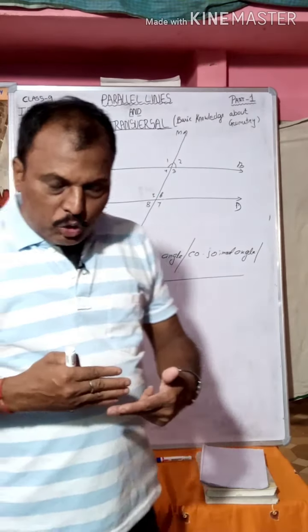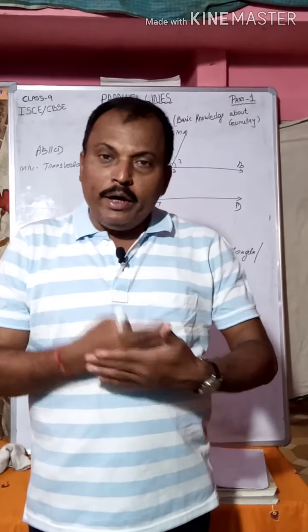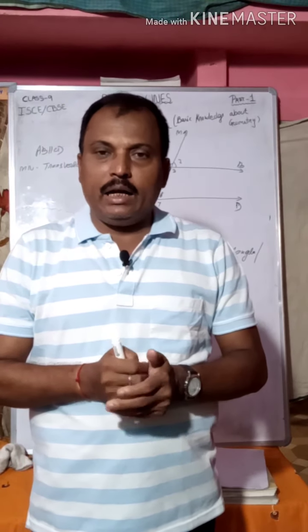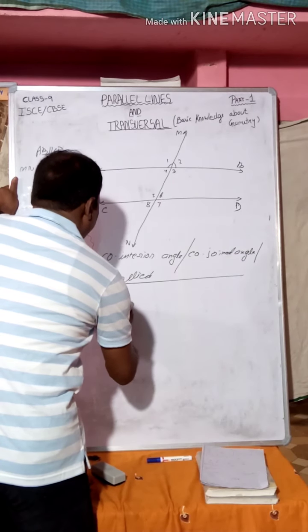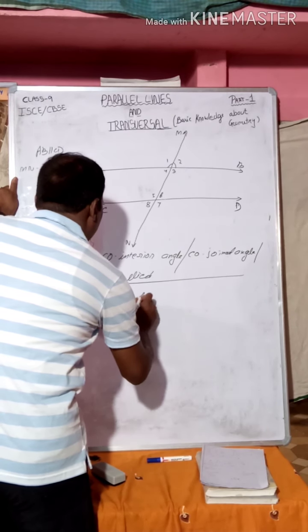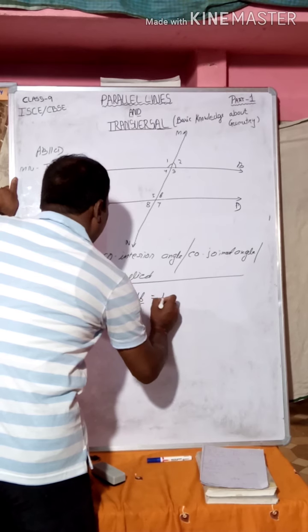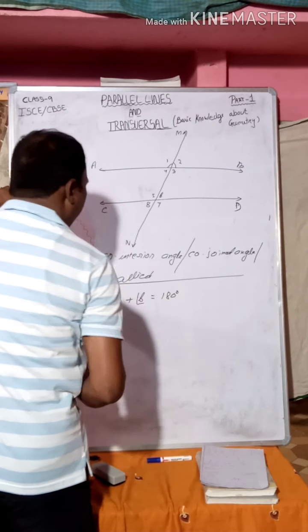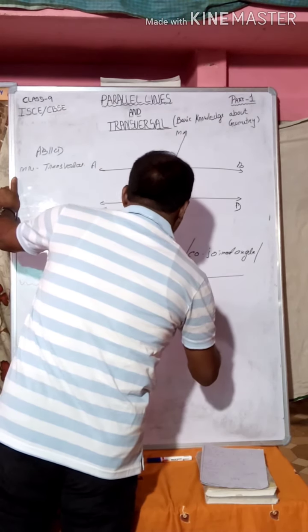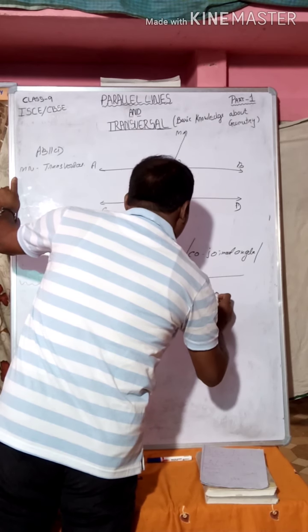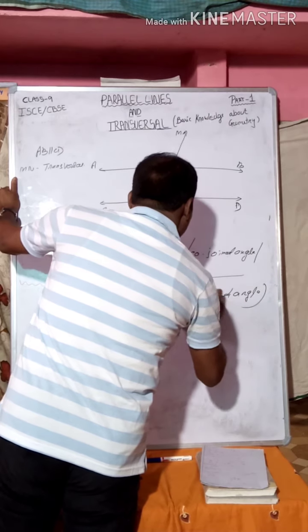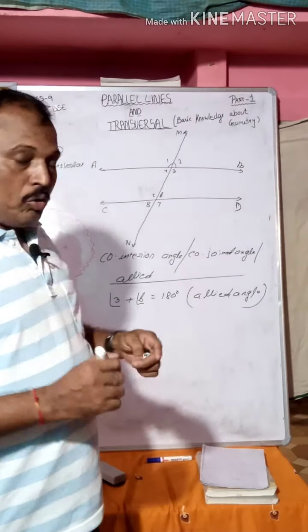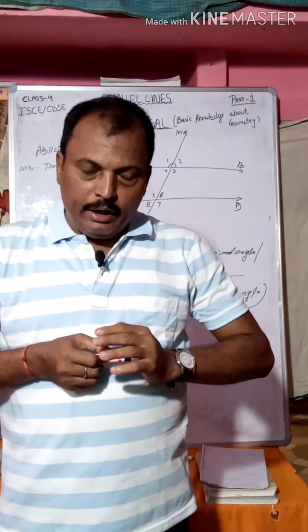Another thing you should remember: the sum of the co-interior angles is 180 degrees. Angle 3 plus angle 6, the co-interior angles, is equal to 180 degrees. You should remember the geometrical term co-interior angle.